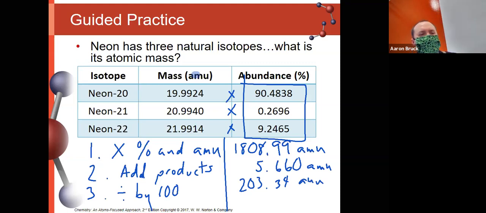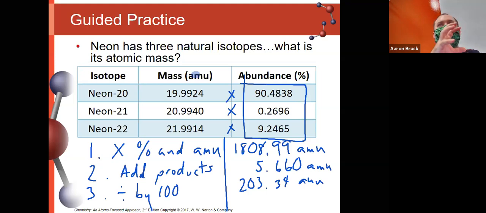Now, why did I round each one of those off? Because they were separate functions. If I were going to multiply all these together in the end, I wouldn't round until I was done with all the multiplications. But here, since I have to multiply and then add, I've got to keep my uncertainties in check.